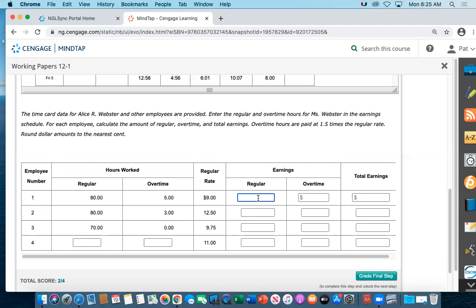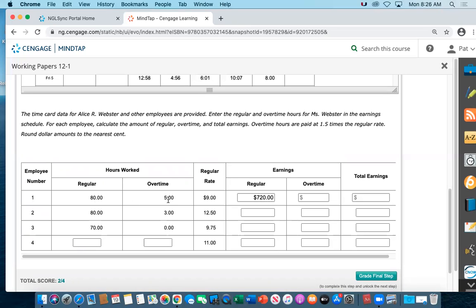Well, you take your calculator. I can't use mine because it's solar. So you take 80 hours worked times $9 an hour, right? So we got paid 8 times 9 plus the 0, 720, right?